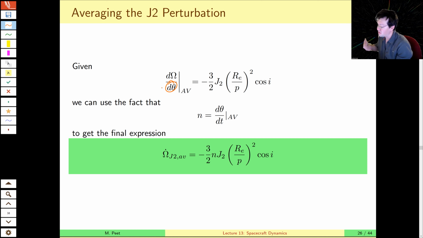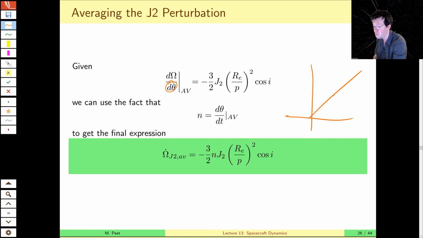And so now we're going to look at the instantaneous rate of variation, but averaged over an orbit. We're going to look at the rate of variation, the slope of this line, so omega dot as a line averaged over an orbit.